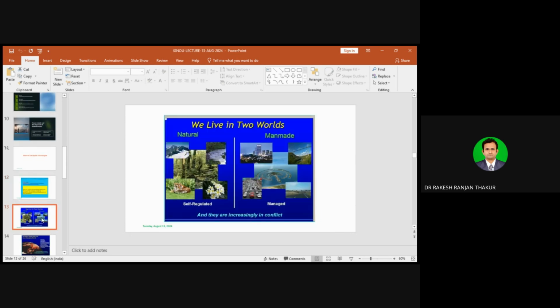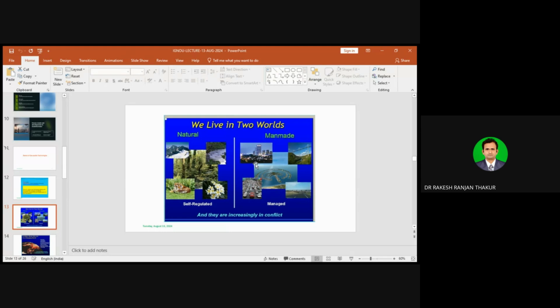See, this is a very interesting slide. We live in two worlds, I can say. On the left hand side you can see that is natural, and on the right hand side that is man-made. In the natural, it is self-regulated.